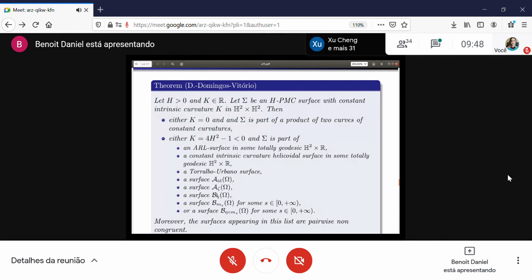I have also B eta of omega, and if I take the identity, I just get the second one, which is just a trivial example, the helicoidal surface in a totally geodesic H2 cross R.